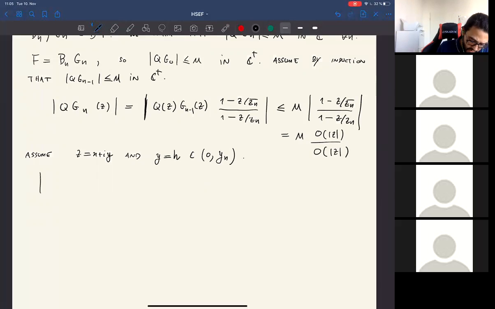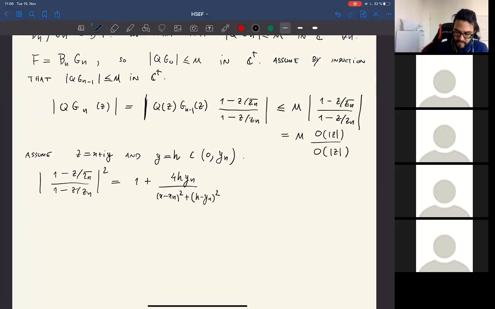Great. So now I can do this computation here. I can do what is 1 minus z over zn bar divided by 1 minus z over zn. Let's say I do a square. We already did this computation, so I would do it fast. This will be exactly equal to 1 over 4y yn divided by x minus xn squared plus y minus yn squared.